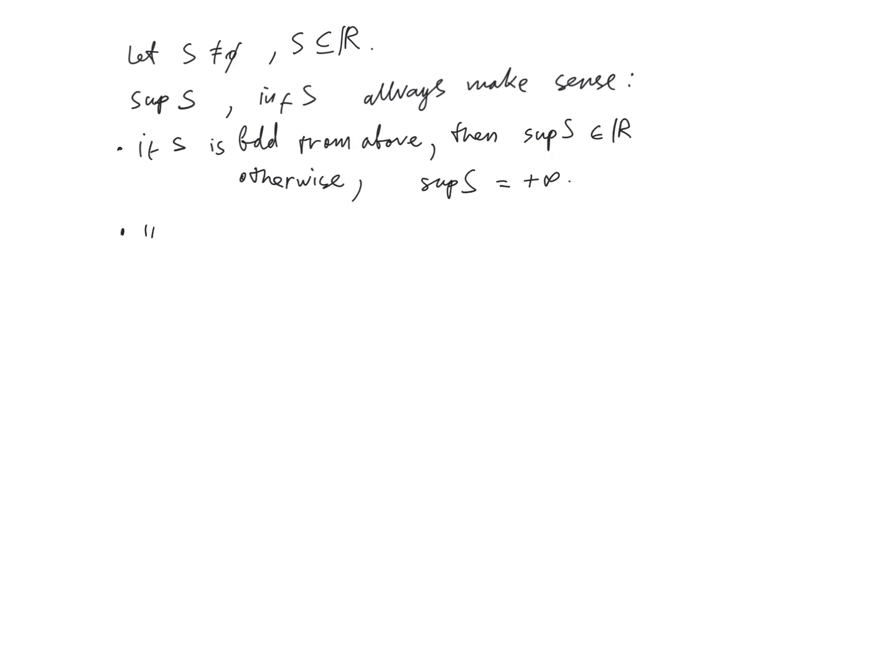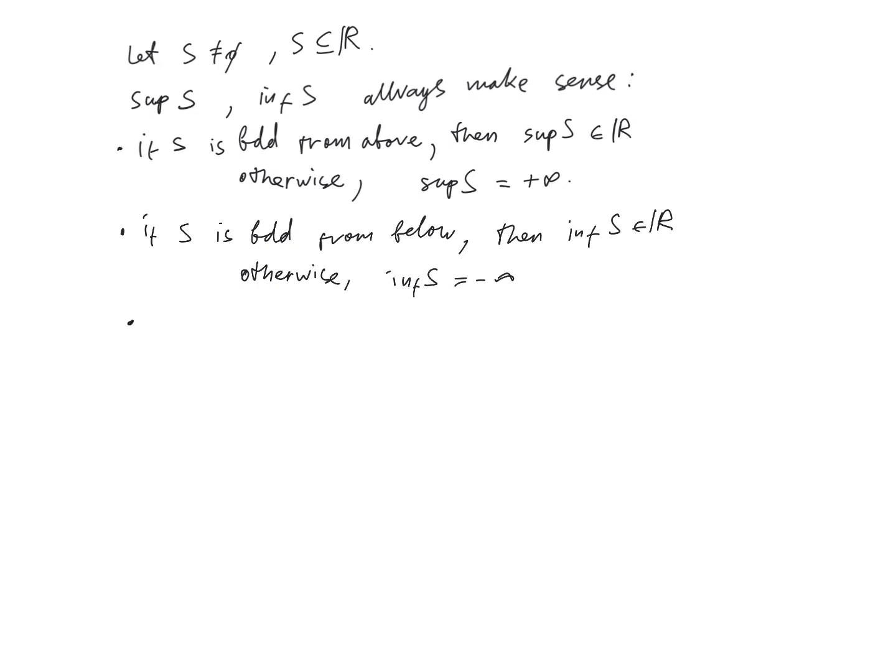Similarly, if S is bounded from below, then the infimum of S is a real number by a corollary to the axiom of completeness. And if S is not bounded from below, then necessarily the infimum of S is equal to minus infinity.